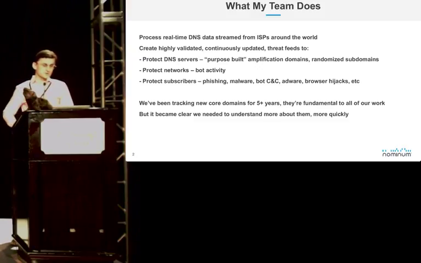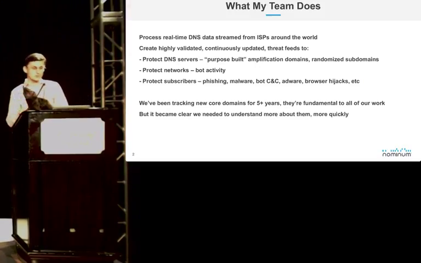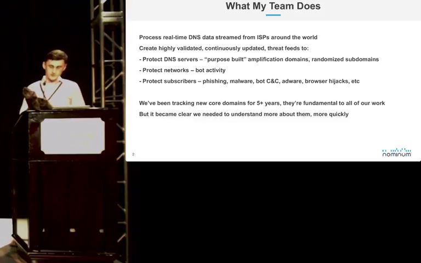And speaking of new core domains, we've been doing this research for more than 5 years, and it's been quite fundamental to what we do because it feeds into the many algorithms that we have in downstream processing.